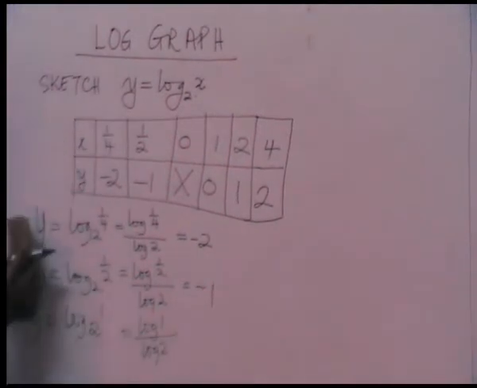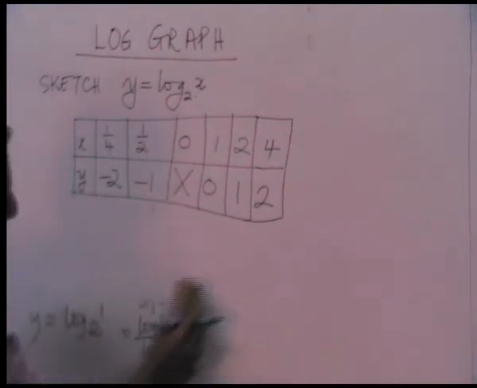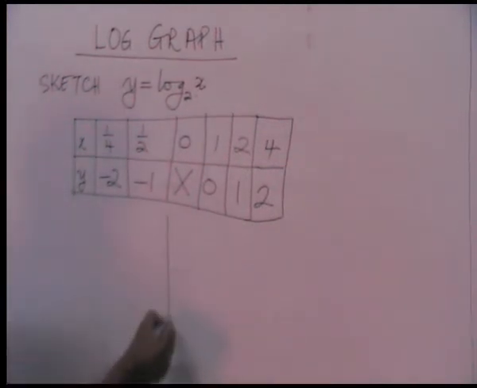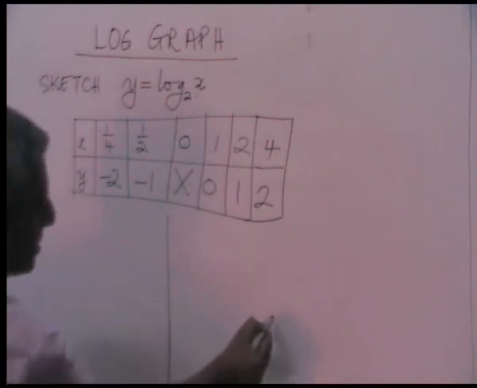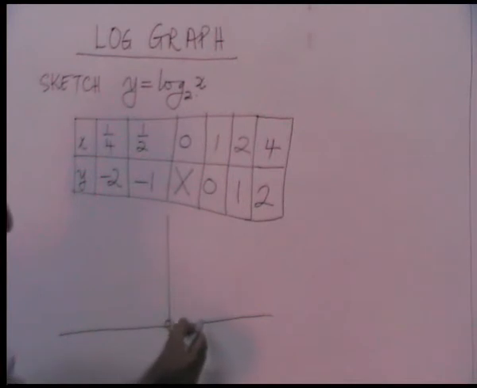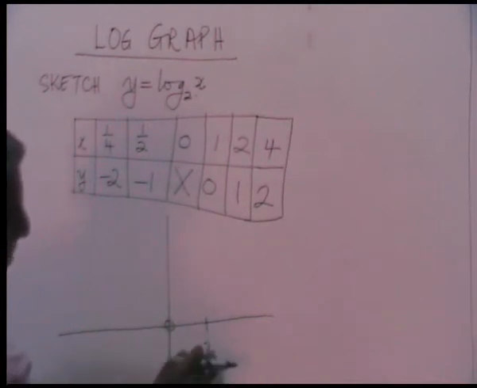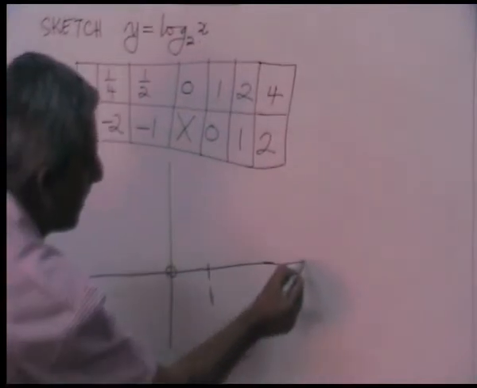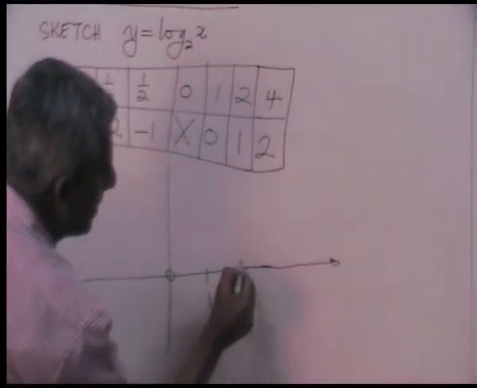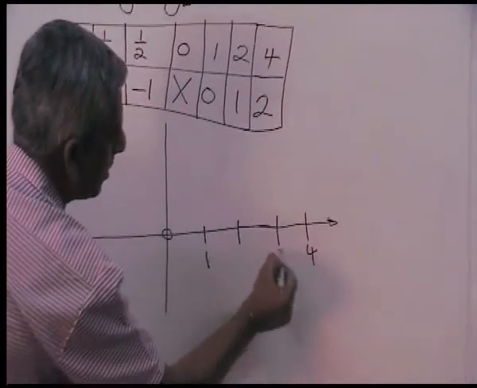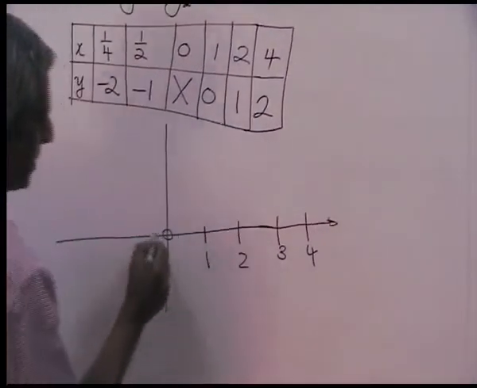I'm going to remove this working because I need the space to draw the graph. Okay, so you'll have a system of axes. Here's your 1, 2, 3, 4. 4, 3, 2, 1, 0.